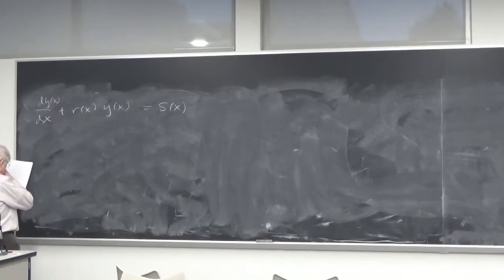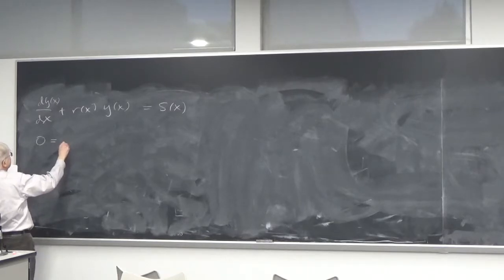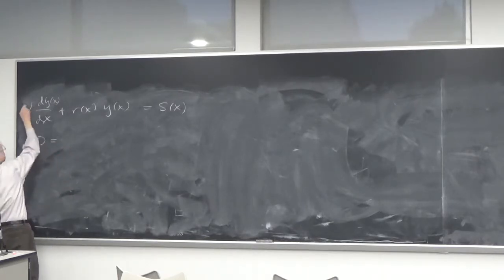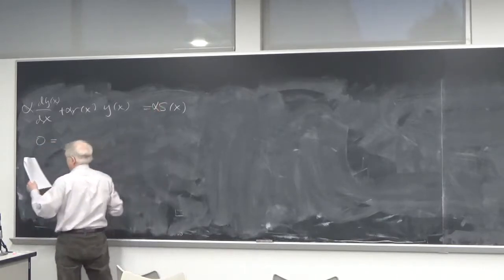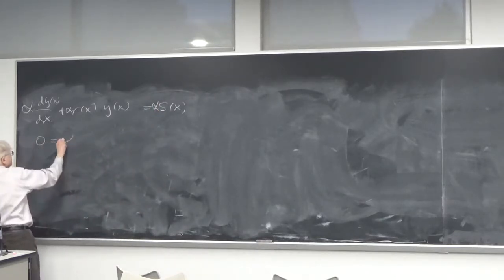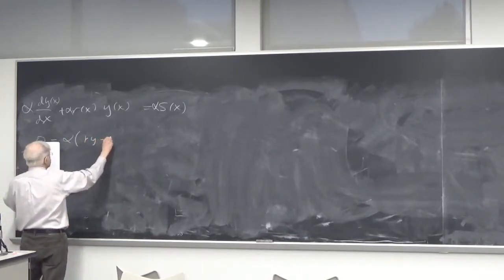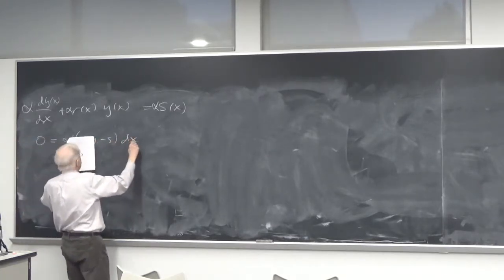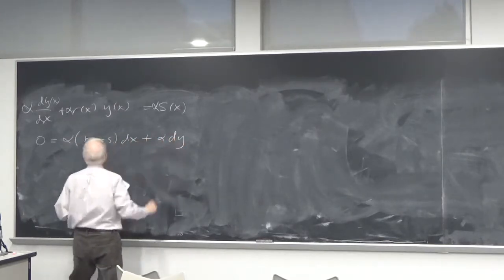And we can rewrite this equation as 0. The integrating factor is going to be alpha, so we're going to multiply this equation by alpha. And then we're going to rewrite it as alpha (r y minus s) dx plus alpha dy is equal to 0.